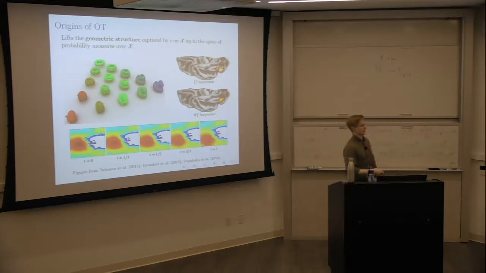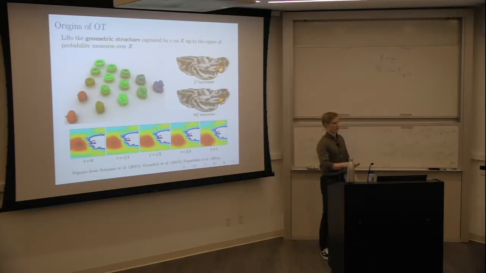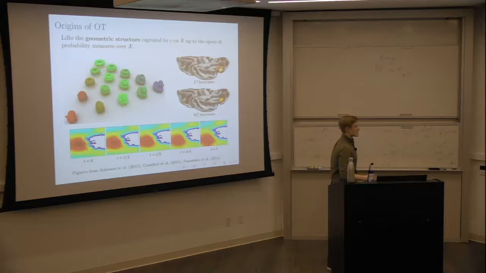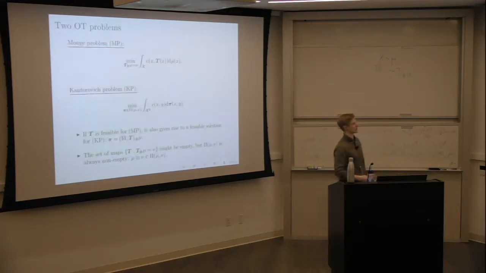Optimal transport has been used to model all of these; the 3 pictures come from papers that use optimal transport for these purposes. So that's an abstract view of why optimal transport is useful. All right, let's go back to these 2 problems.